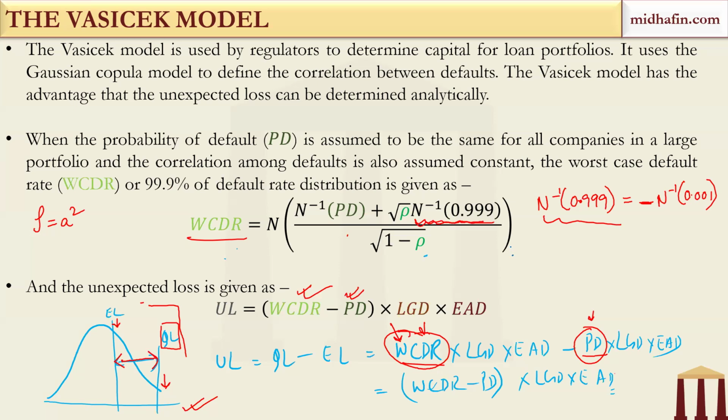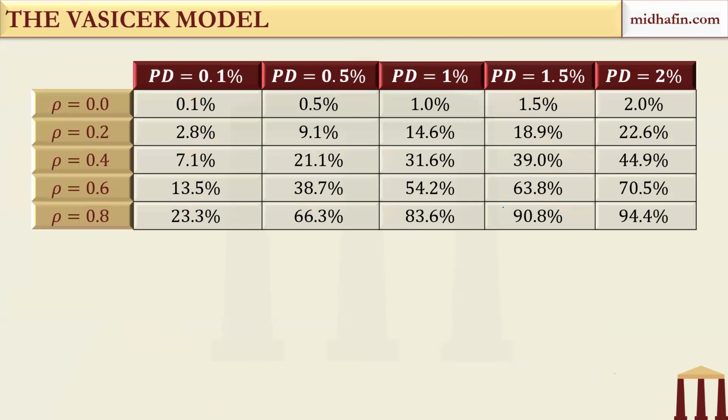Correct. Okay. So one more thing which can be analyzed over here is the relationship between PD and rho, or vice versa. And WCDR also. Sorry. And vice versa also, and the combined effect also.